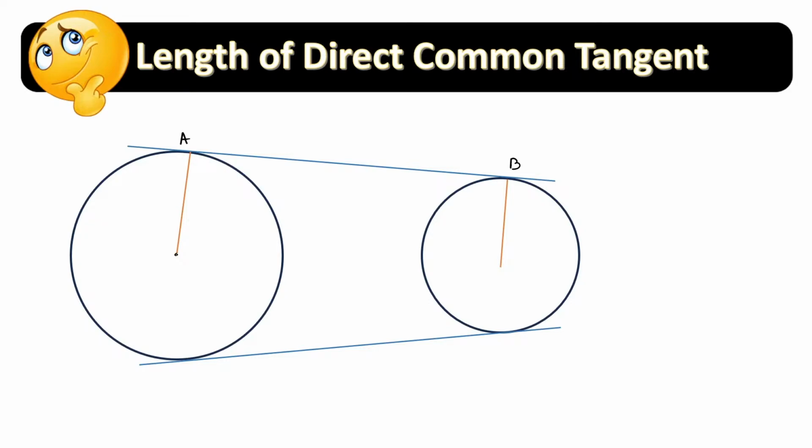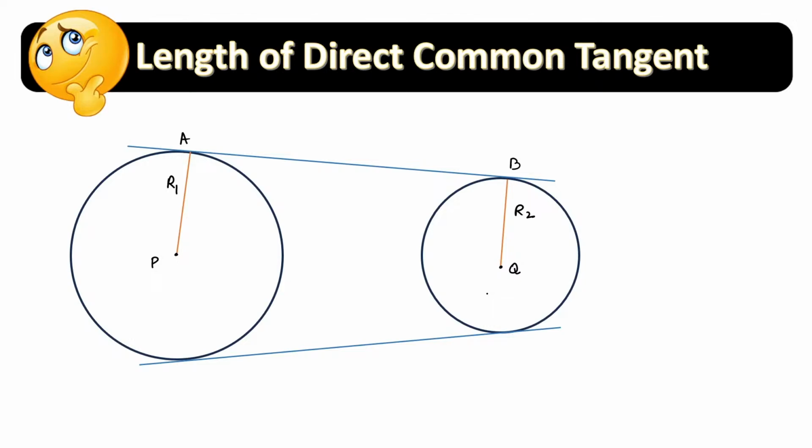Now, if we join the centers with this point of contact, we are getting these two lines. This is center, let us say P, and this is the center Q for the second circle. Let us assume the length of the radius for the first circle is R1 and that of the second circle is R2. Okay. So what is our task?